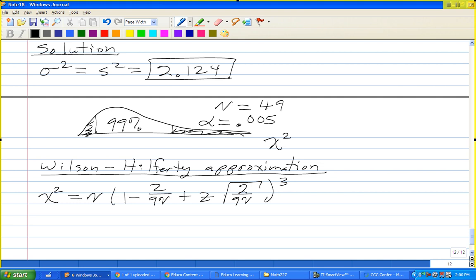Well, let's do the positive one, which is to the right. My degrees of freedom are 49.